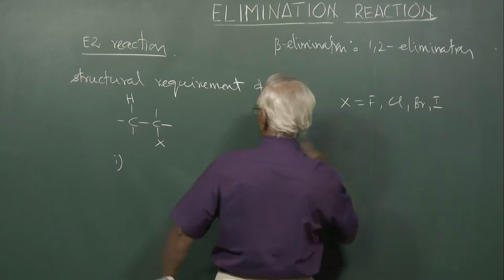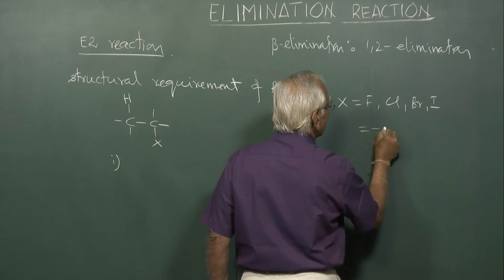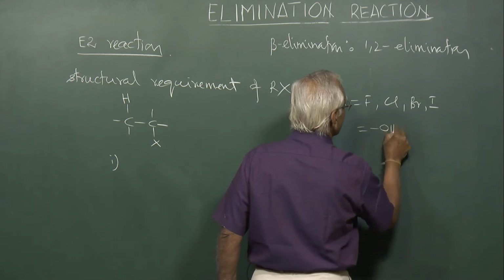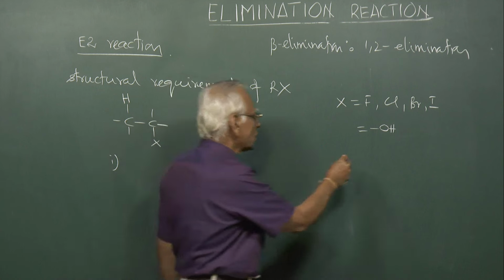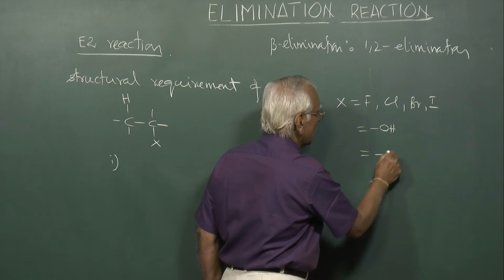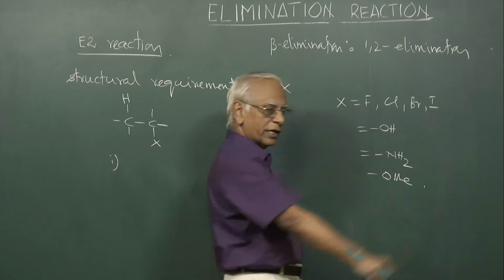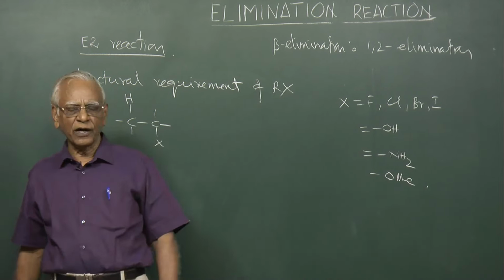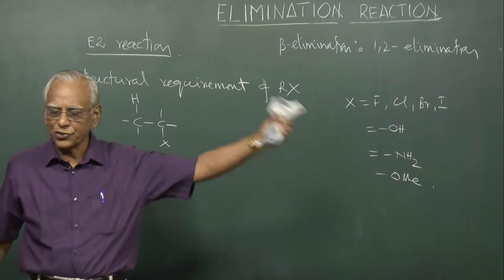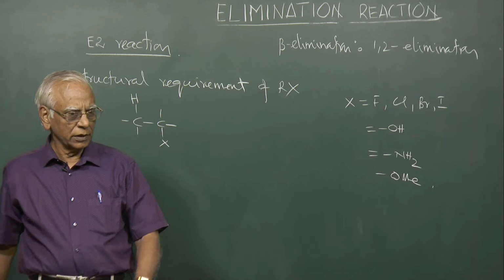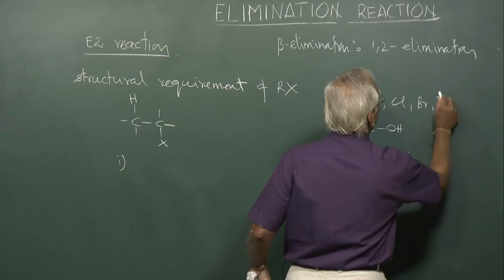The next one, it could also be OH2, H2O, OH. It could also be NH2, any group. It could be OMe, any functional group. It could be SO3H. And on the whole, what is the name given to that?